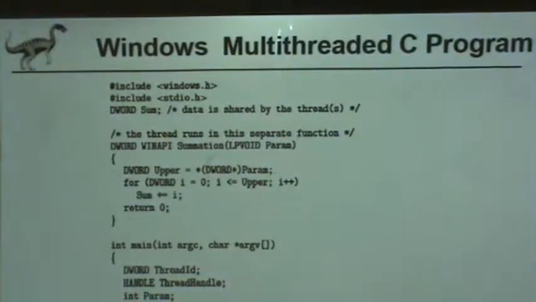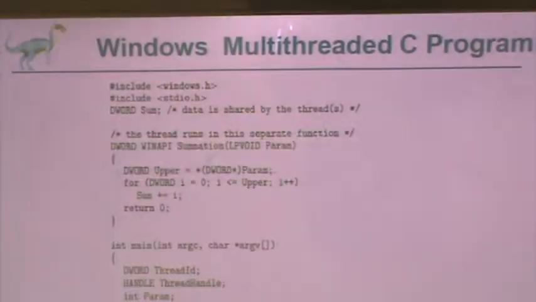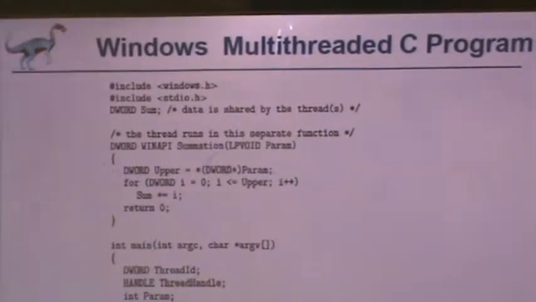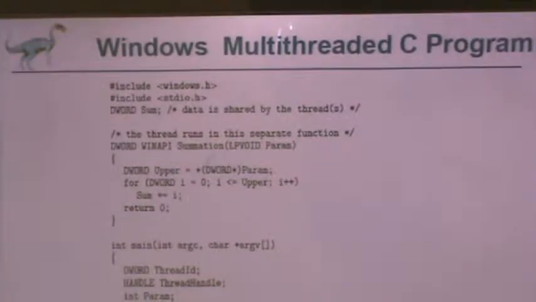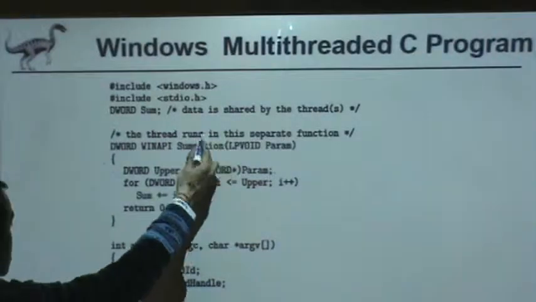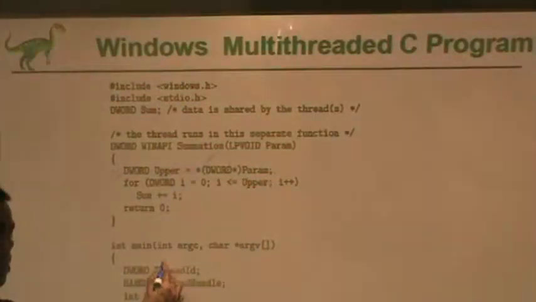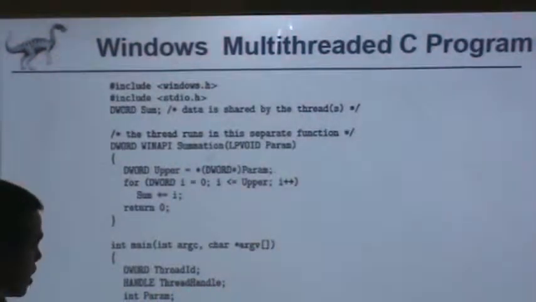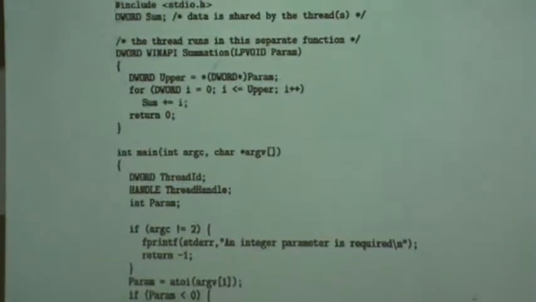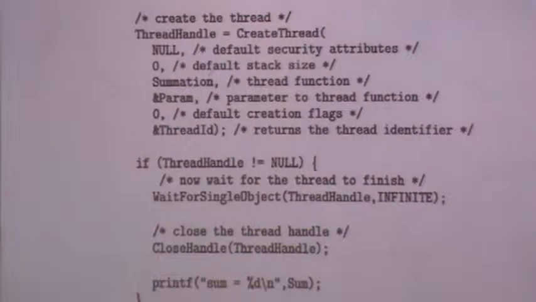This is C in Windows. You will see the architecture is the same, but the syntax is different. There's also a summation function, and we create a thread ID. Here we use a thread handle to handle the synchronization problem.